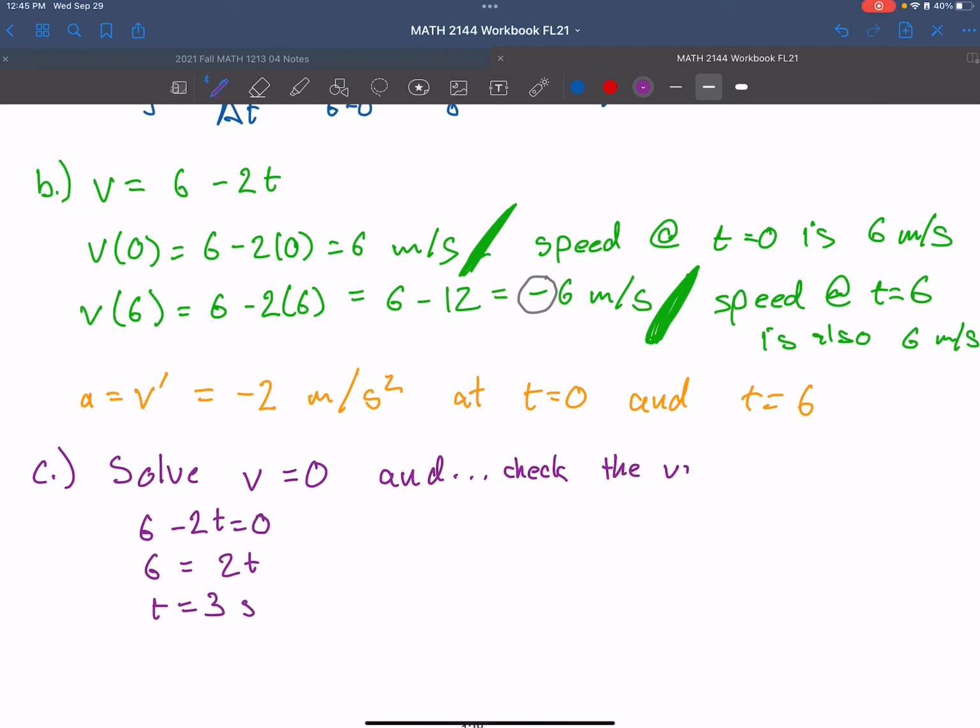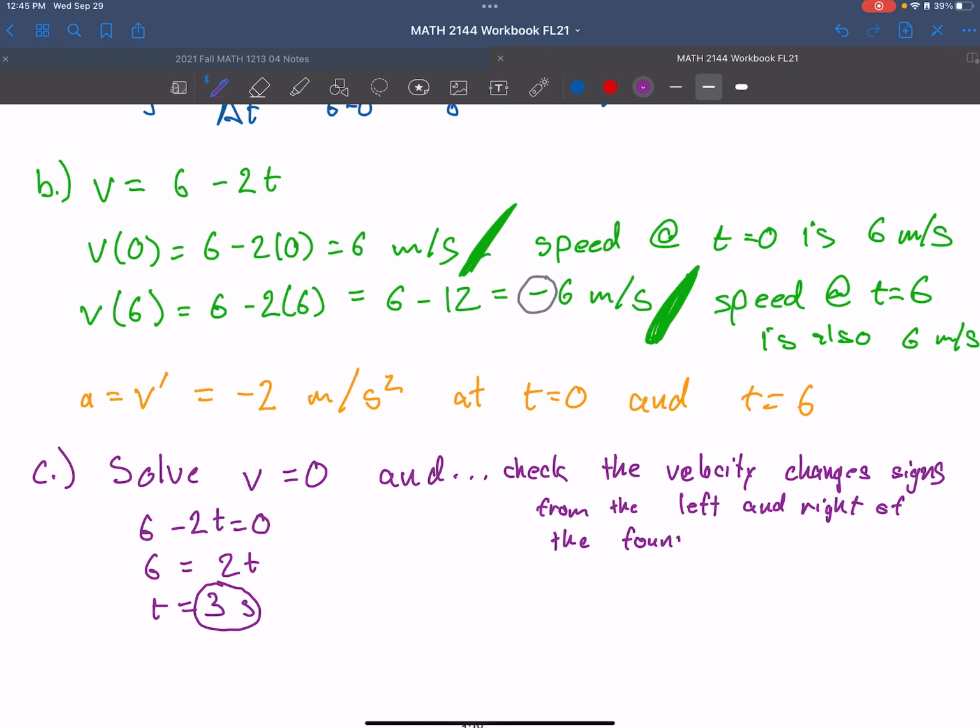the velocity. Velocity changes signs. So we have 3. And what I mean by changes signs, check if the velocity changes signs from the left and right of the found t.